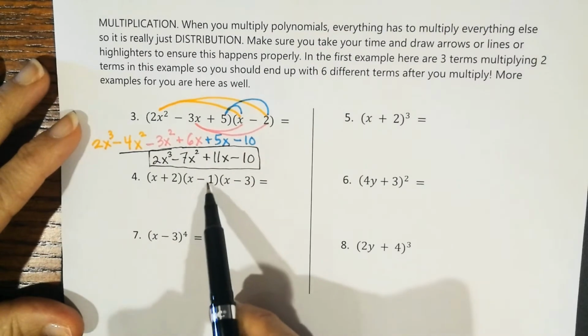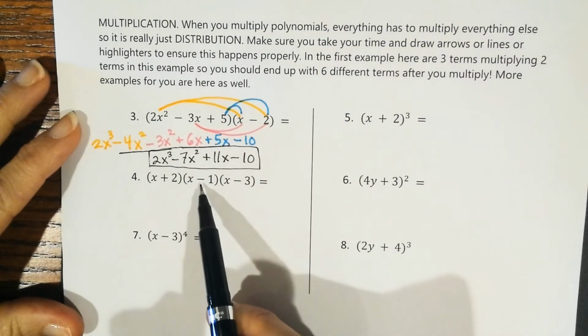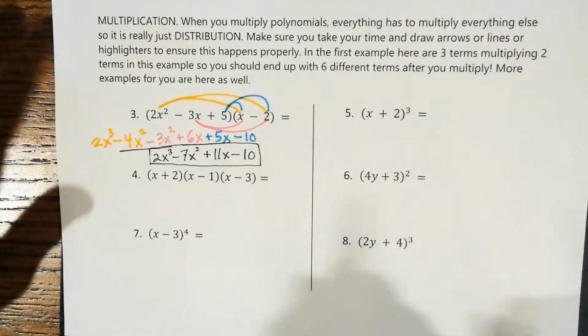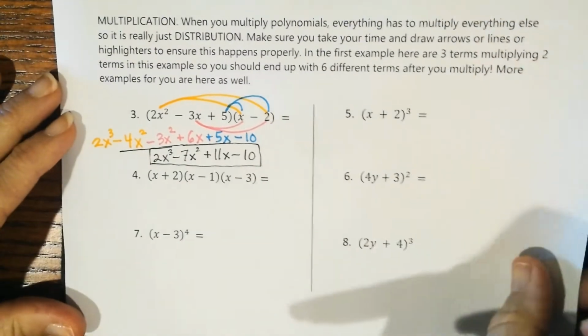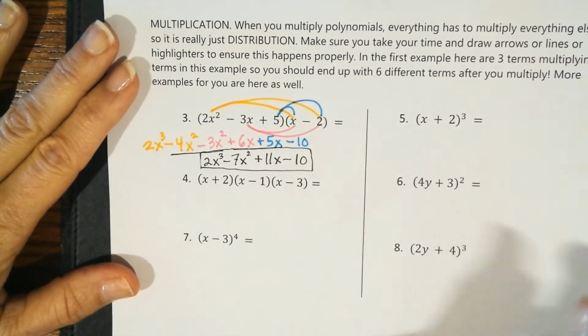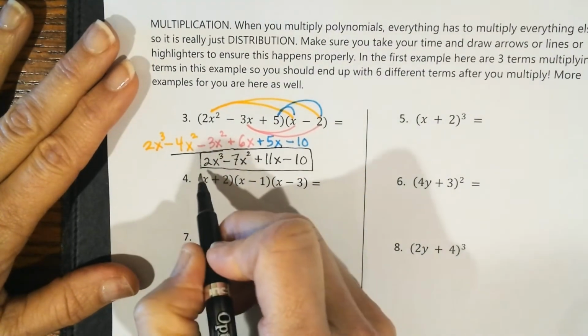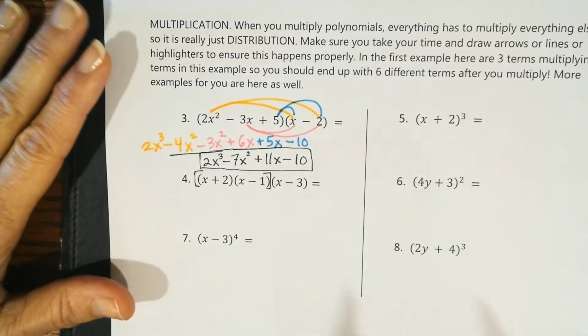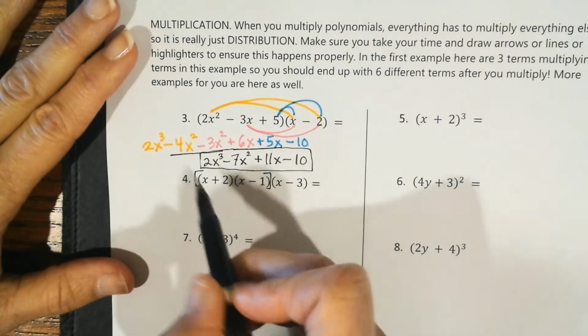So like multiply these 2 out to get a trinomial and then multiply these. So it'll be multiple steps, as you can see. And I'm just going to forge ahead. You'll be writing these down. So I'm going to do these 2 first and get a trinomial, and then I will multiply those second.